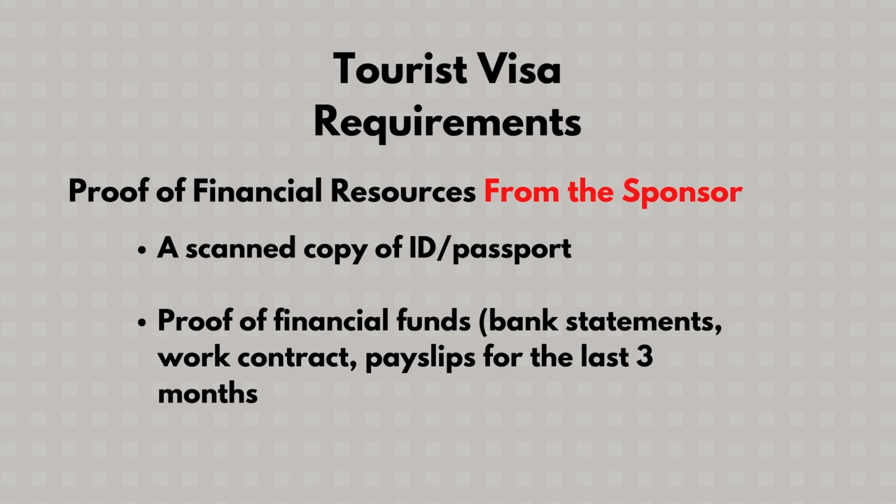Since our traveler will be sponsored by a family member who is not in the Schengen member state or in any of the Schengen member states, then his sponsor must be able to supply proof of financial resources.